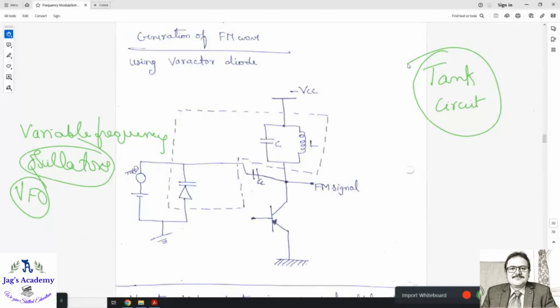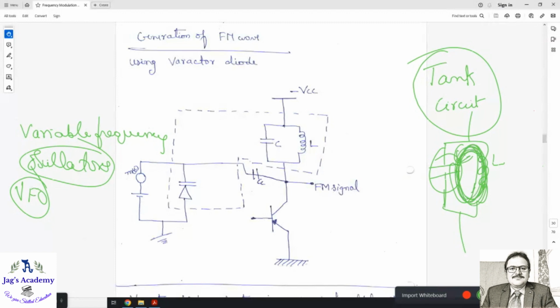It is nothing but your inductor and capacitor in parallel. The moment you charge this capacitor, it will discharge into the inductor, and the inductor will once again charge the capacitor, and this charge and discharge action will continue in this tank circuit.